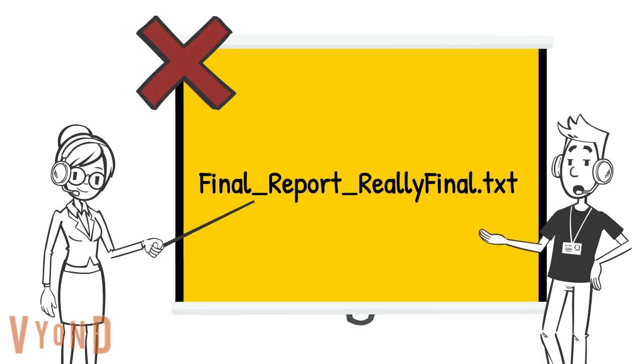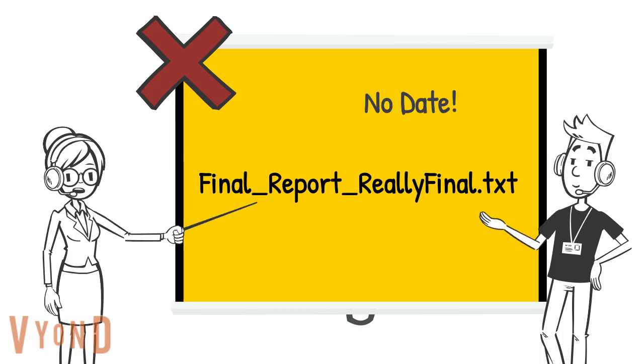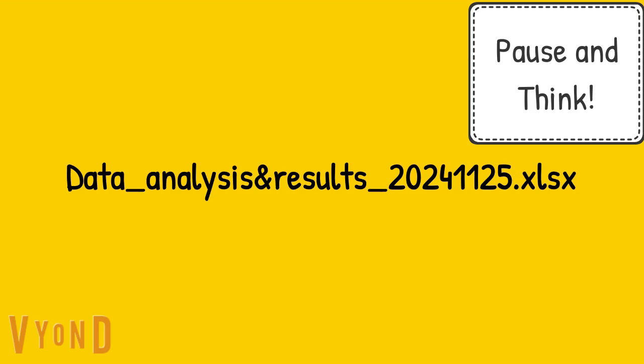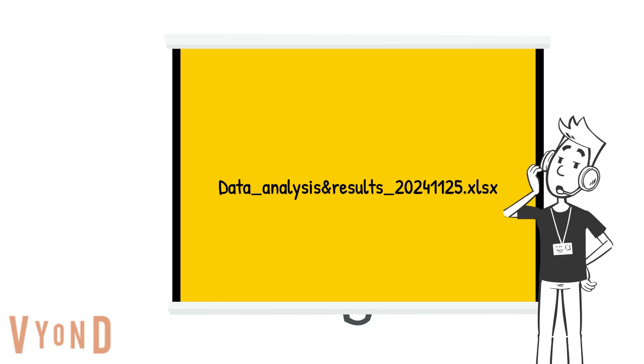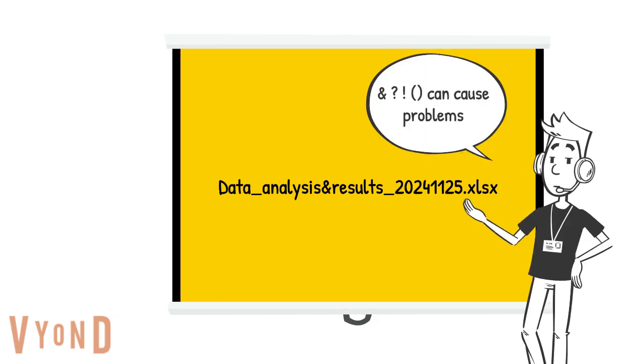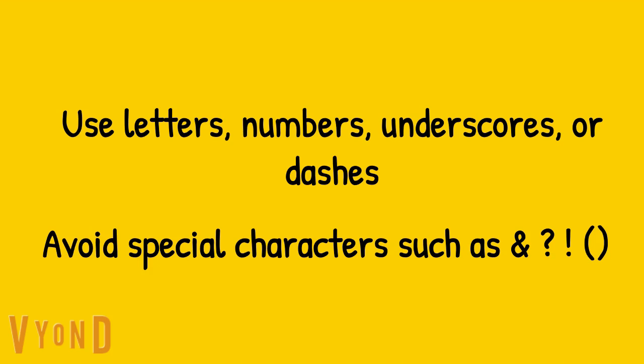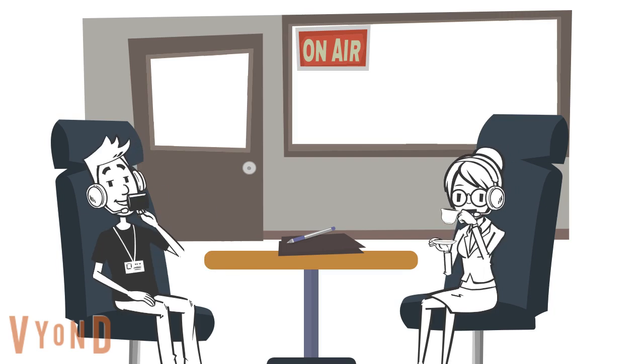The multiple finals are a clear sign of trouble. Yeah, and there's no date. We need that timestamp. Absolutely. All right, one last challenge, good or bad? Hmm. That ampersand is a bit suspicious. Special characters can sometimes cause problems with different computer systems. Better to stick with letters, numbers, underscores, and dashes. You're like a file naming detective.